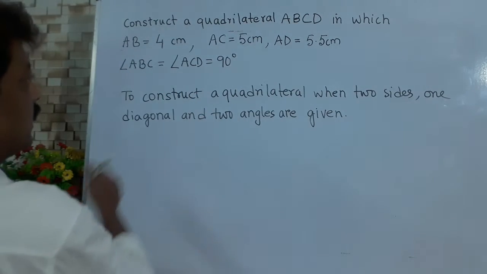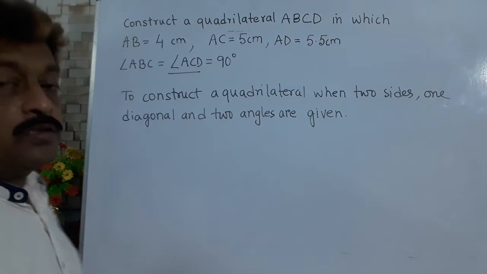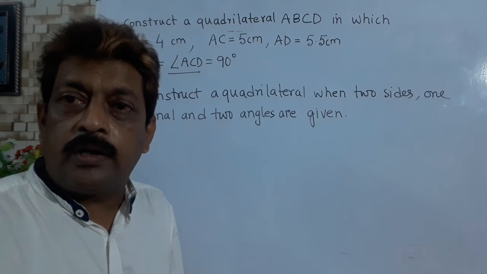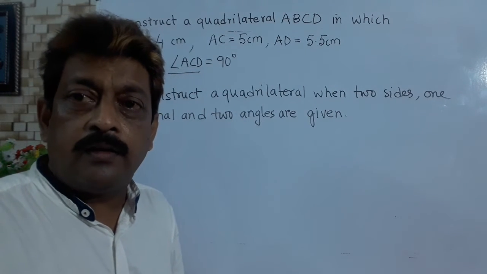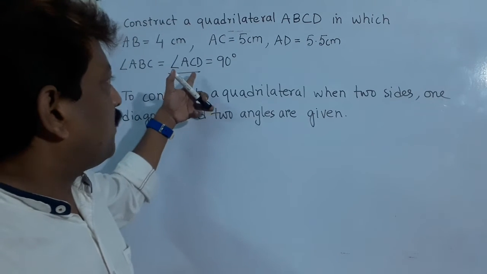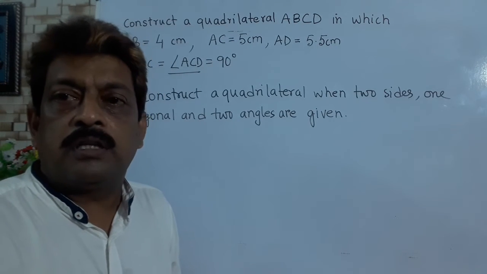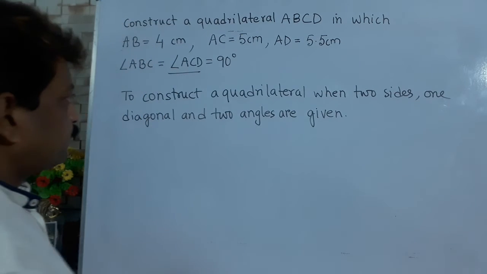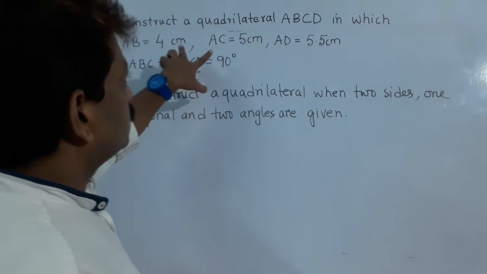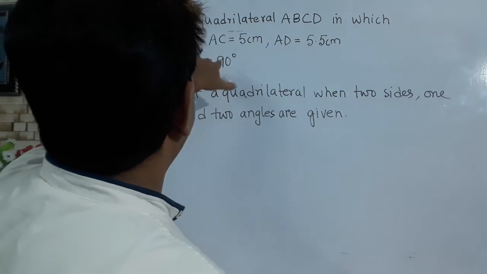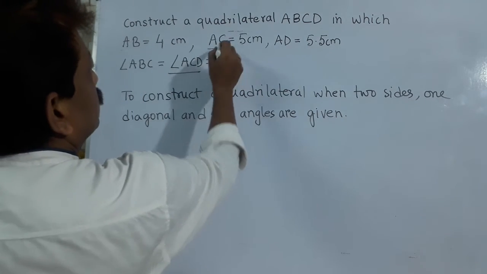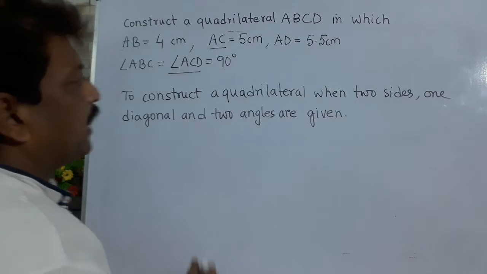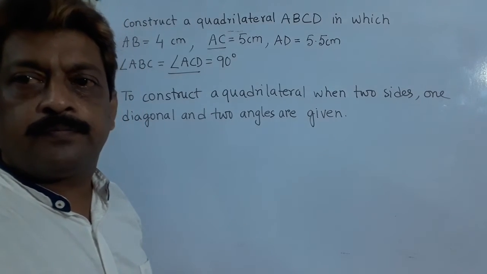Now see this angle. This is not the included angle of the quadrilateral, but it is the angle made by the diagonal with the side of the quadrilateral. Okay. So here in total two sides, AC is the diagonal, one diagonal, and two angles are given.